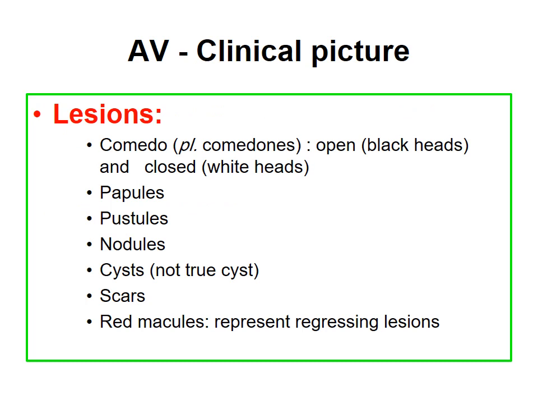Acne vulgaris clinical picture. The comedone is the pathognomonic lesion of acne vulgaris, either open, called blackheads, or closed, called whiteheads, plus papules, pustules, nodules, cysts, which are not true cysts, scars sometimes, and red macules representing regressing lesions.